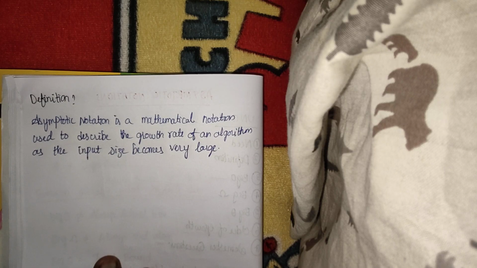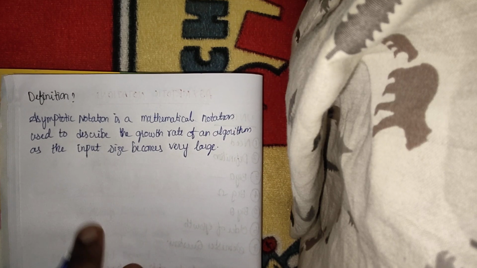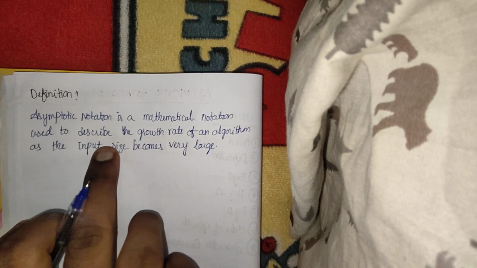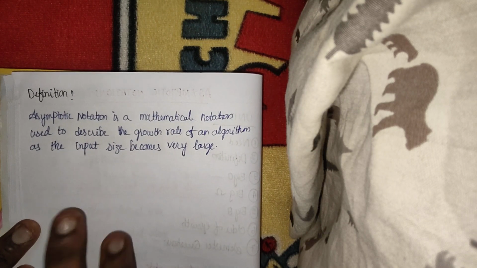You have to memorize this definition. This is the whole definition of asymptotic notation. So let's understand it.